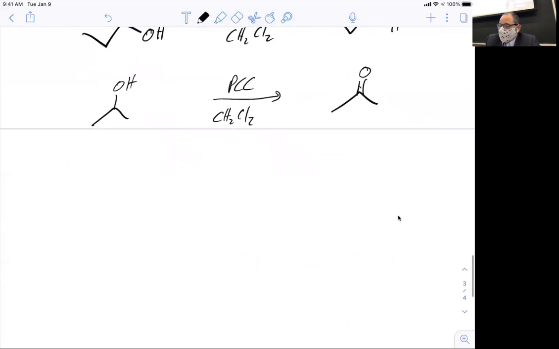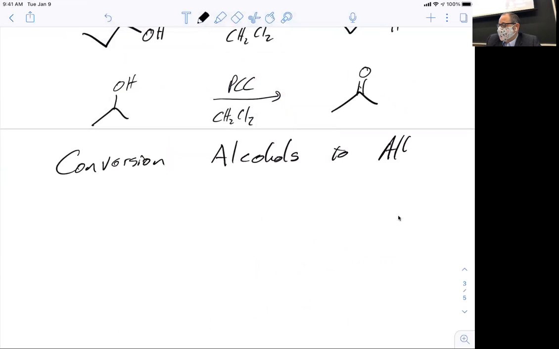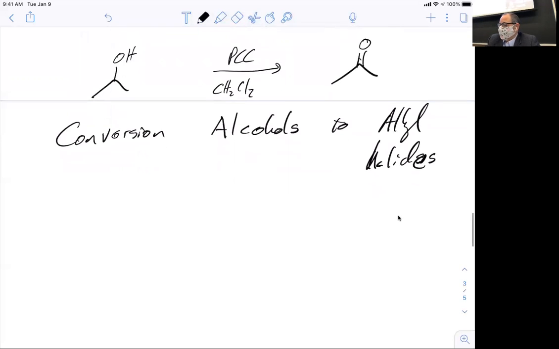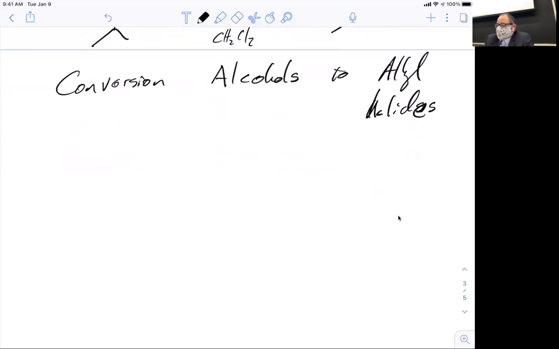Okay. All right, so now let's look at conversions of alcohols to halides. Okay, conversions of alcohols to alkyl halides. We've seen some of these, right?